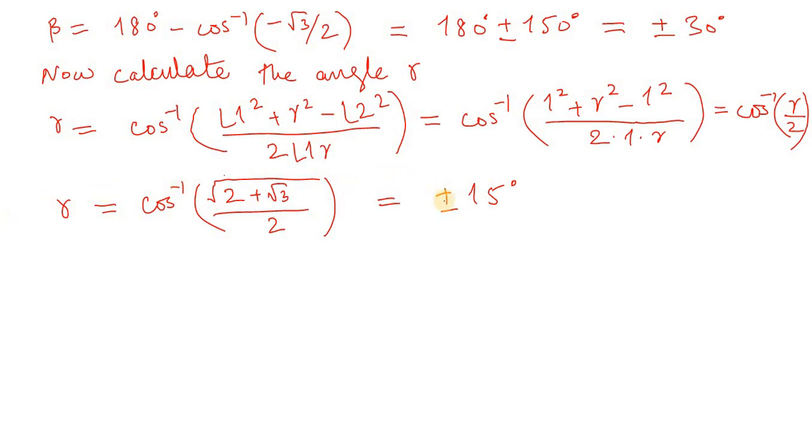Which is your value of gamma. So gamma can also have two values. Seems like we have two values for beta also. So once we have calculated the value of gamma, then we just need to now calculate the value of alpha.